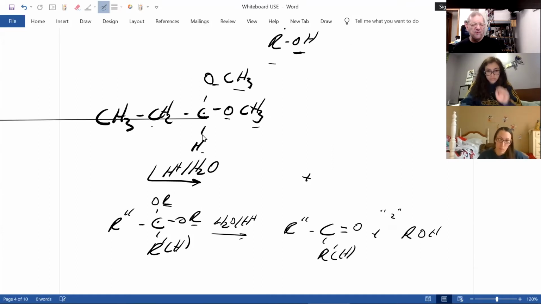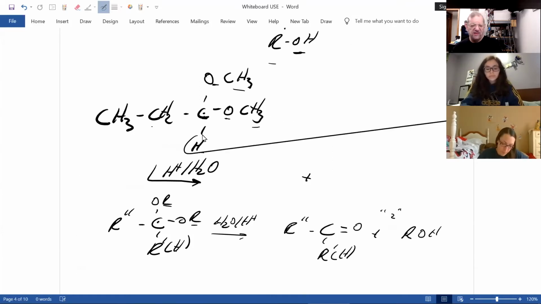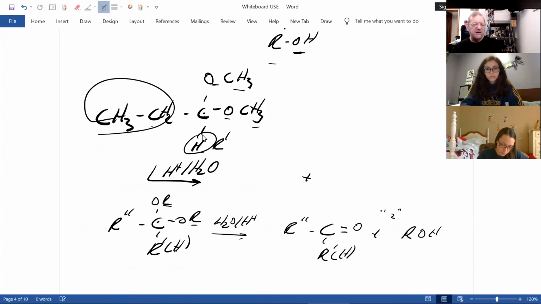So let's look up here. Here's the carbon with the two oxygens. Here's my R prime. Here's my R double prime. Both of these are my R. So now, keep my eye on this carbon. What's attached to it? Two carbons, and a hydrogen will still be there.